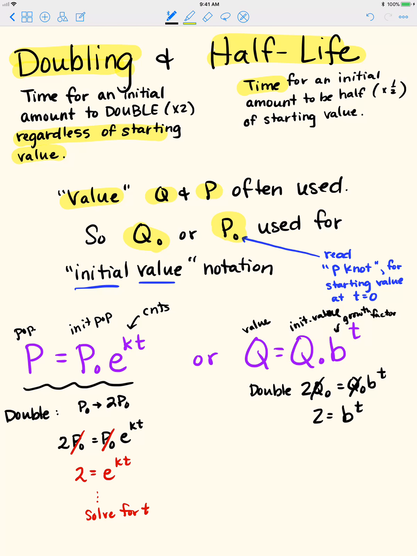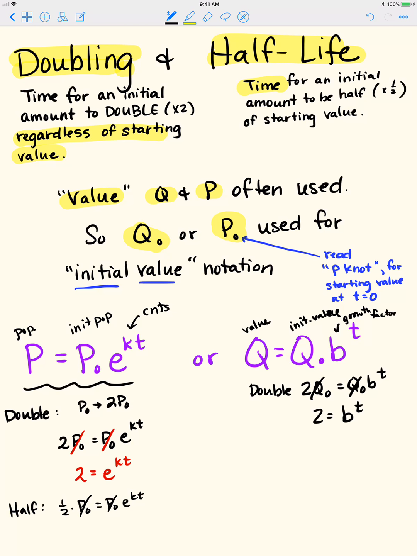Okay? If you wanted to do half-life, which I ran out of room on the bottom of this one, I might erase this. For half-life, it's a really similar setup, but instead of doubling the initial value, you're going to half the initial value equals initial value times e to the kt.